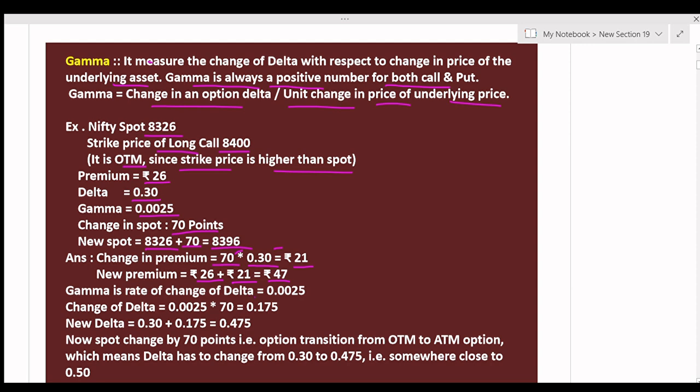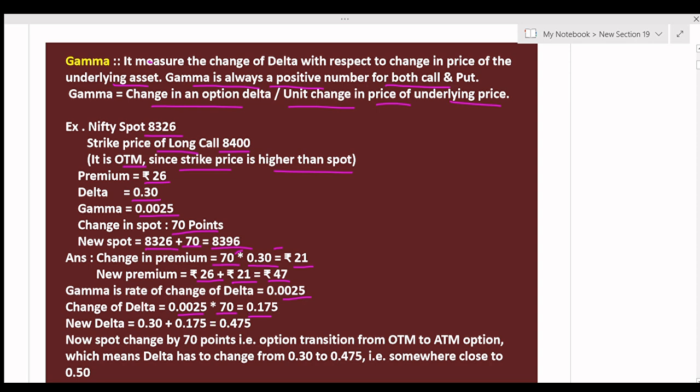Now with gamma we will find the new delta value. Gamma is given as 0.0025. Change in delta will be 0.0025 into 70 points increase, which is equal to 0.175.